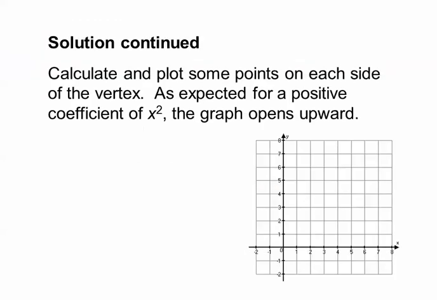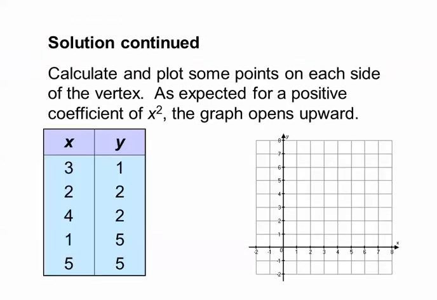So if we take the vertex and then we put some points on either side of it, we end up looking like this. It looks extremely symmetrical just in the dots, and we will connect them. This axis of symmetry I'm talking about is right through 3, so x equals 3 is the axis of symmetry here. Because there's a positive coefficient for x squared, the graph opens upward. It's an up parabola.